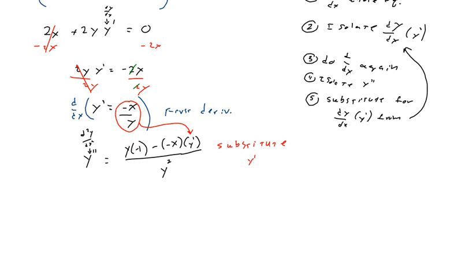So let's simplify this. Y double prime is equal to negative y minus, plus x times negative x over y squared.